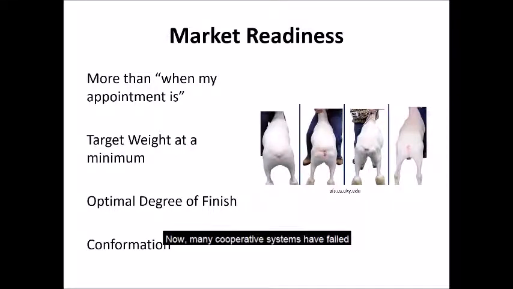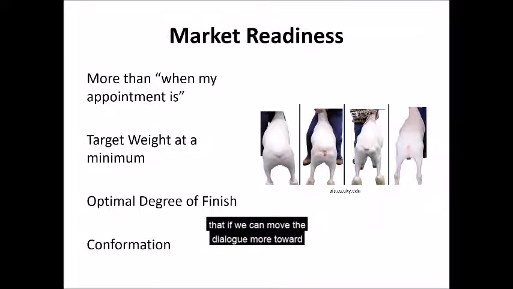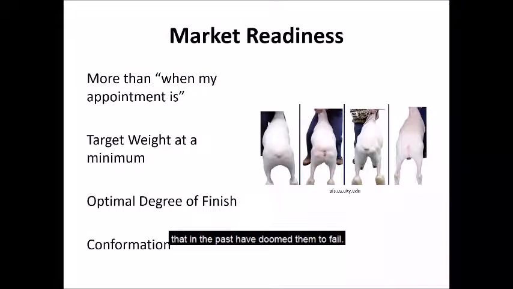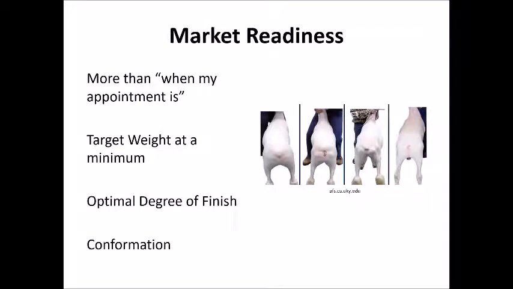Now, many cooperative systems have failed because of politics, and I will submit that if we can move the dialogue more toward these objective measures of carcass yield and quality that I've described here today, there then is an objective basis for making decisions of whose lambs go, what week, and what they're paid. That takes a lot of the politics out of those systems that in the past have doomed them to fail.